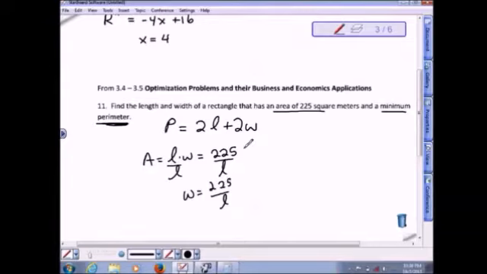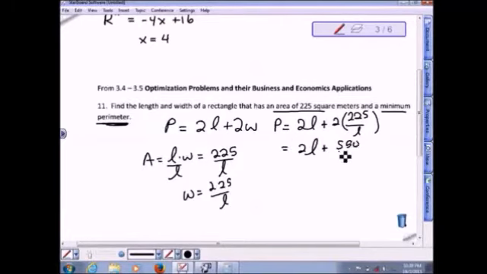Width is equal to 225 over L, which also means this width right here is equal to 225 over L. So the perimeter function can be written in terms of L, 2L plus 2 times 225 over L, which is 2L plus 550 over L. So the derivative is 2 minus 550 over L squared.